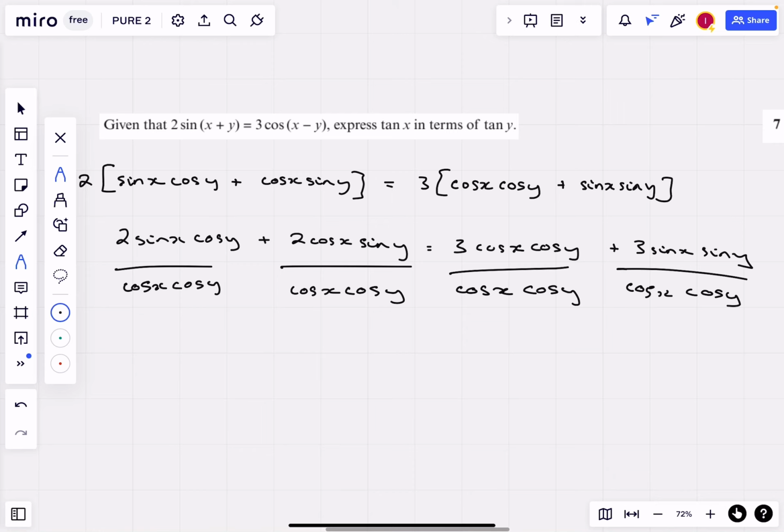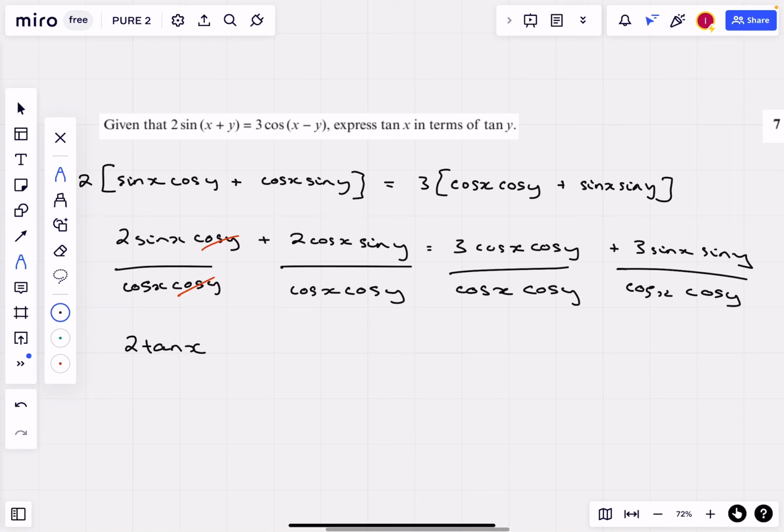That sounded really confusing, didn't it? Let me explain. On the first fraction, we've got cos y at the top and at the bottom. They both cancel. We've got sin x at the top, we've got cos x at the bottom. That leaves us with 2 tan x.